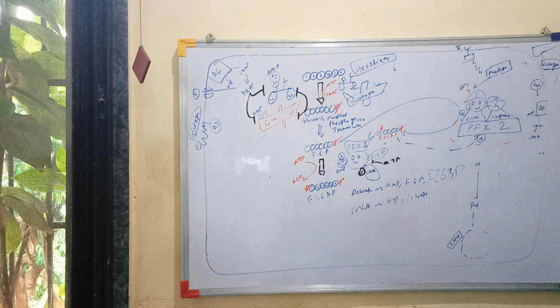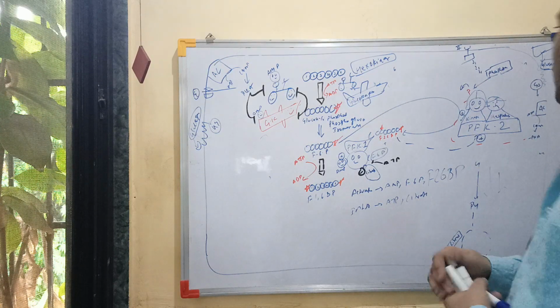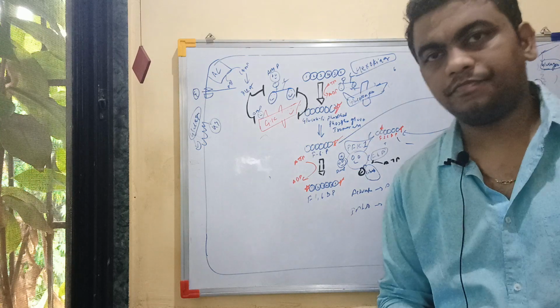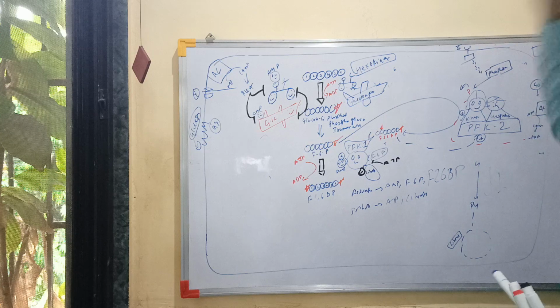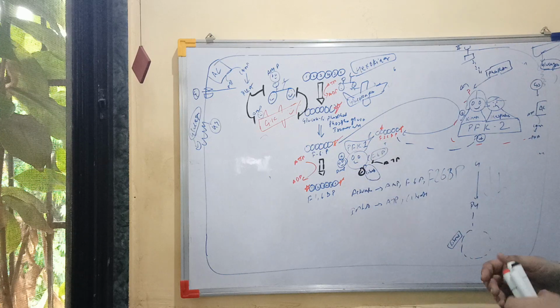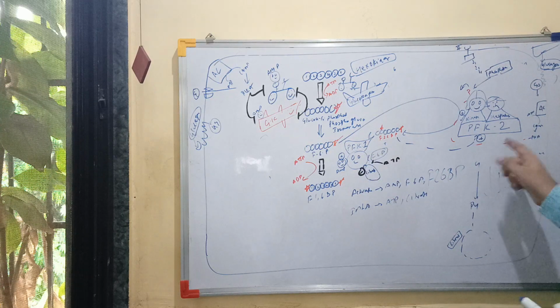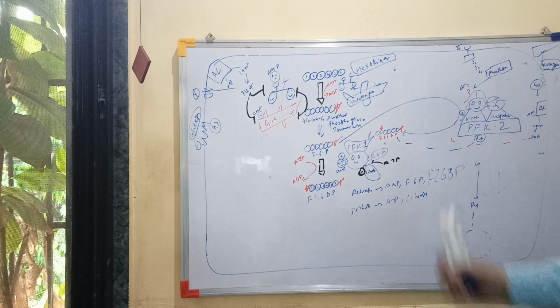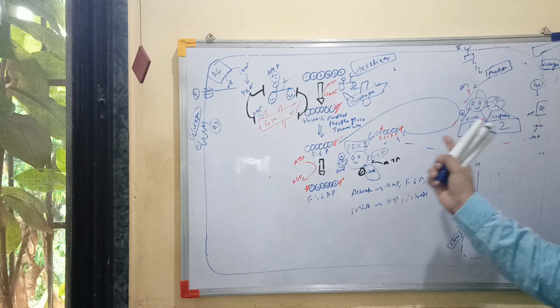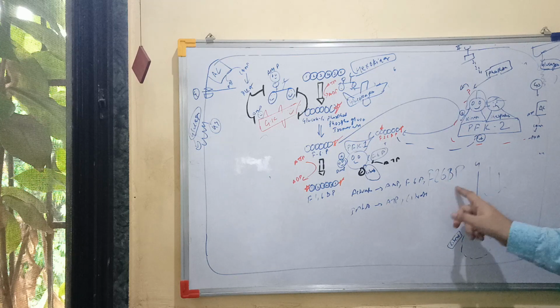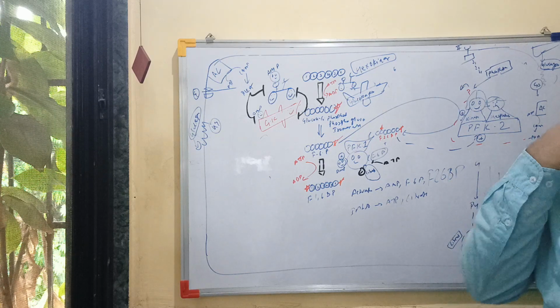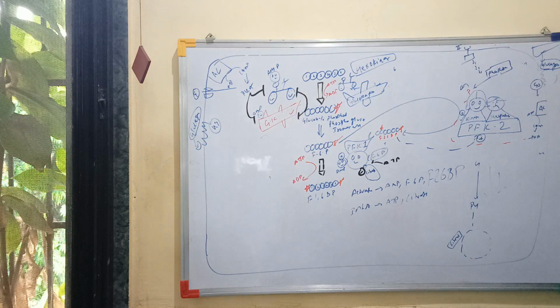And the extrinsic regulators, of course, are glucagon and insulin. Glucagon can also come and deactivate this. The activators and deactivators of phosphofructokinase type 2 are similar to what we have discussed over here.